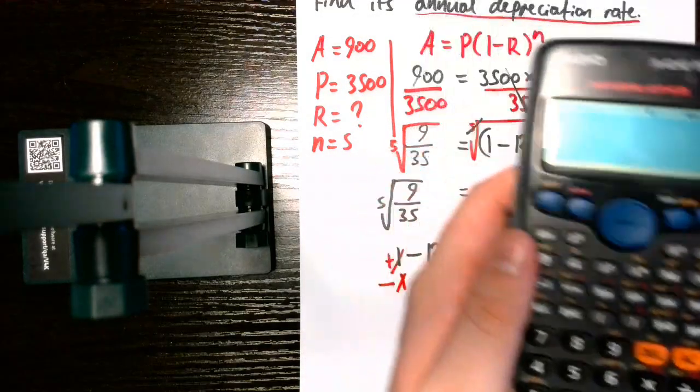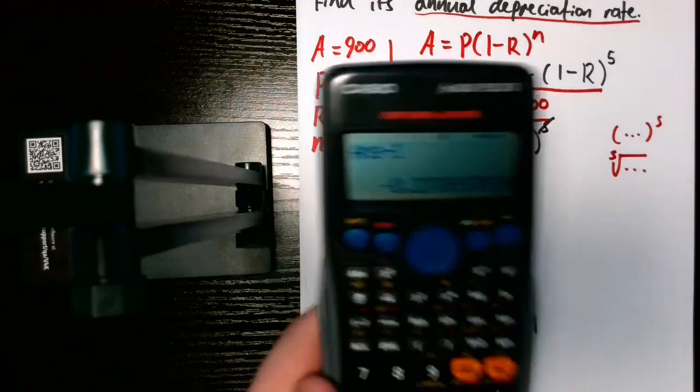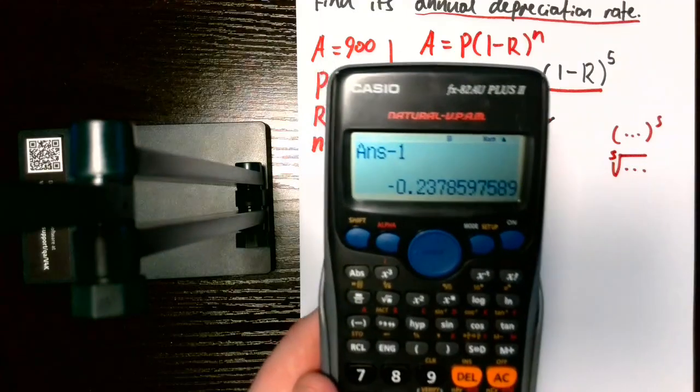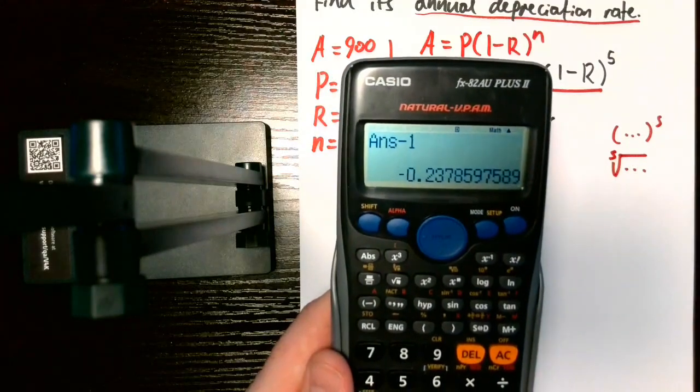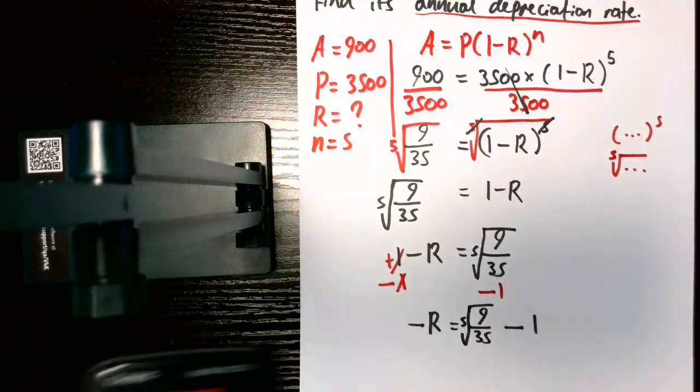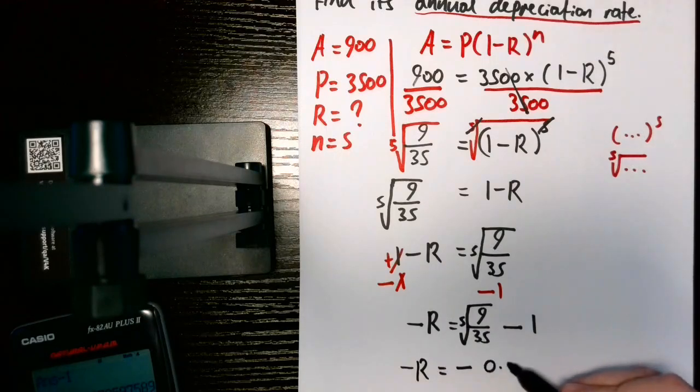I can't really do it here with this light, but if you enter it in onto your calculator, you will get minus R is equal to that decimal. Notice how that decimal is actually a negative. Right, so let's write that down. We end up with minus R is equal to minus 0.237859, continuing on forever.